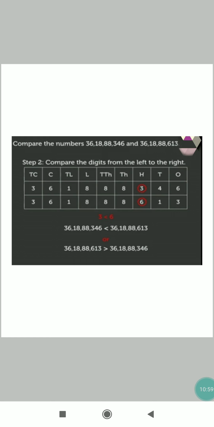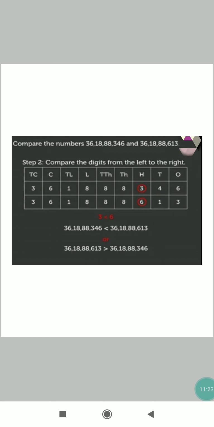So how will we do the comparison? Just see the chart I have made. In this chart I have written the place values upside, and downside I have written the numbers. Two numbers I have given. You can see that till the thousand place, student, the numbers are the same.